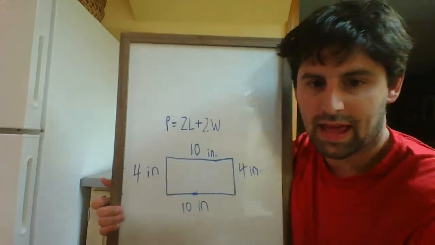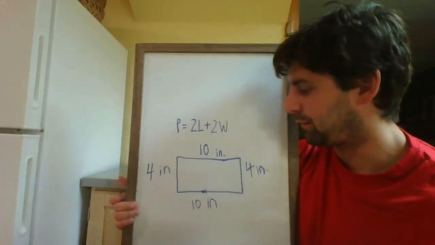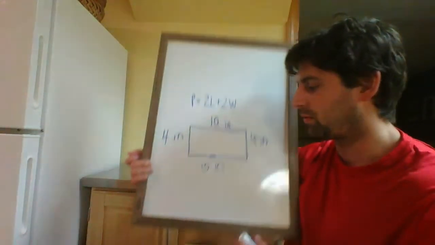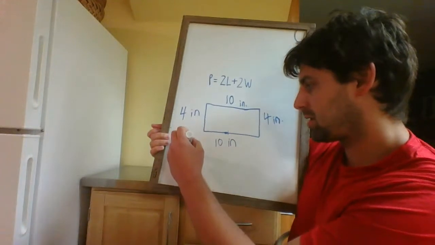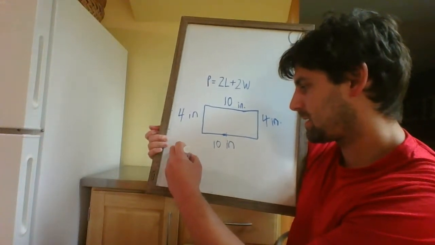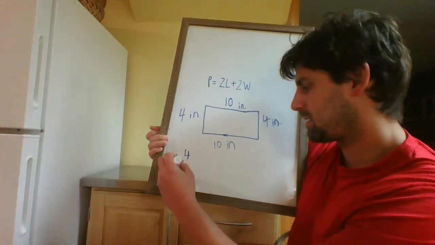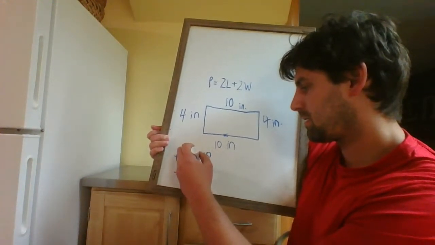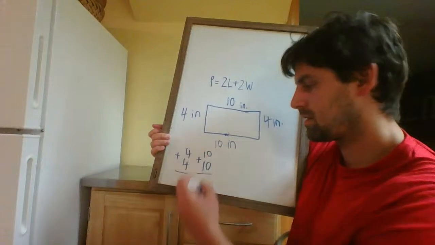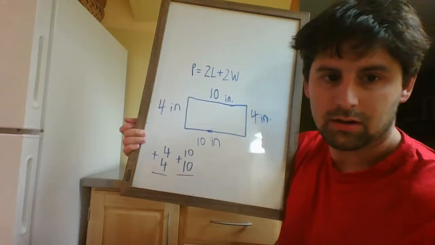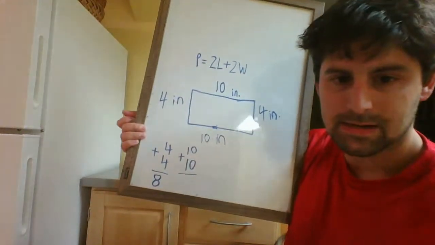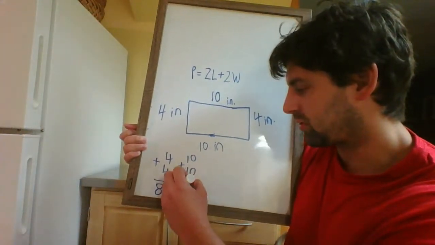So what we're going to do is add both widths. I'm going to add 4 plus 4. I'm going to add 10 plus 10. Then I have to add both of those sums together. So 4 plus 4 equals 8. 10 plus 10 equals 20.